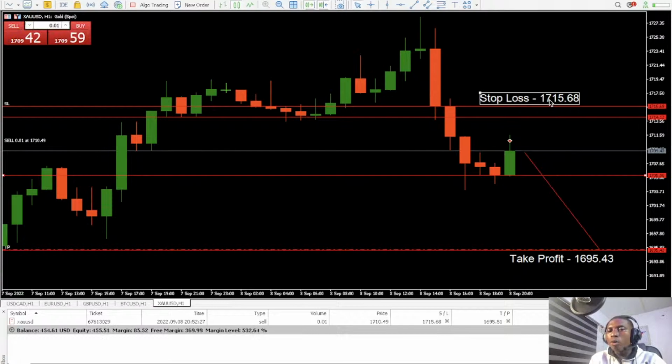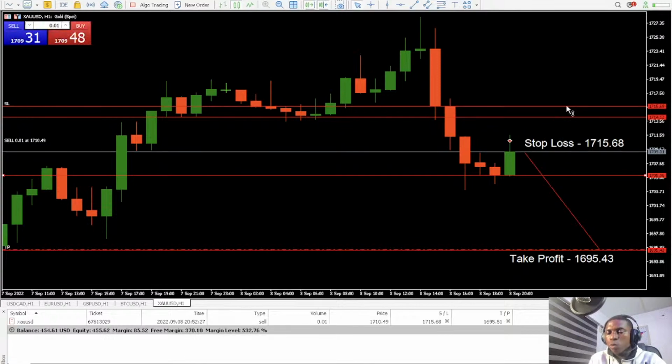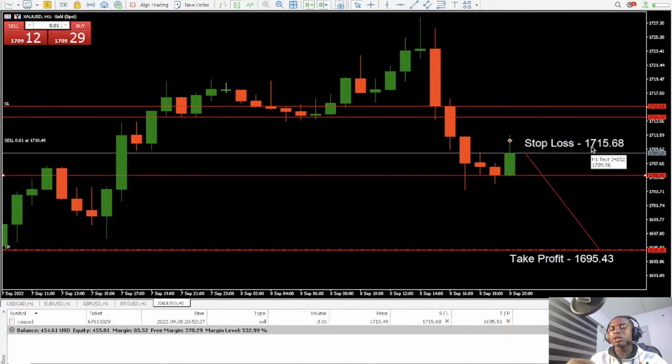What will I do? I will move my stop loss from this level to my entry level. So when I move my stop loss from where it was before, after price had gone in profit, I will now move it to my entry level. So if price is going to go back up, it is going to edge, which means I am neither going to make profit nor make loss, or make a little cent.